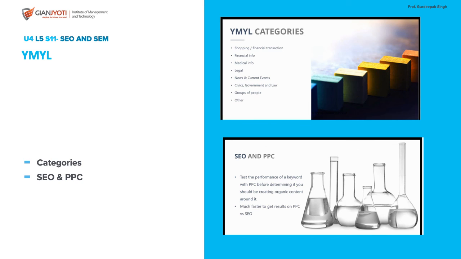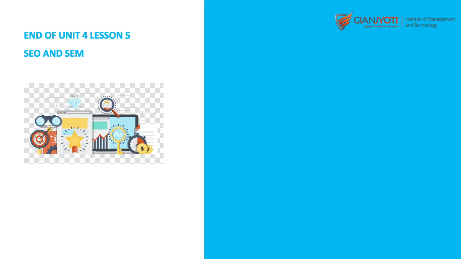So we test the performance of a keyword with PPC before determining if we should create organic content around it or not. It is much faster to get results on PPC as compared to SEO. So we use both in conjunction rather than separately, unless there is no budget, then that is something different.